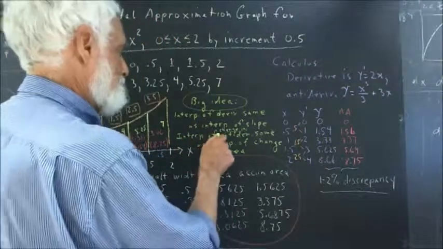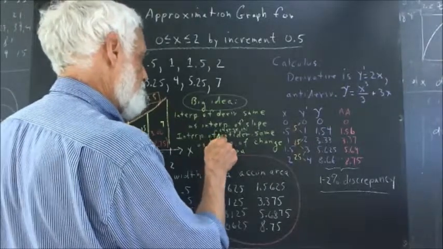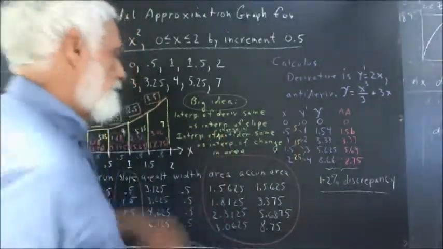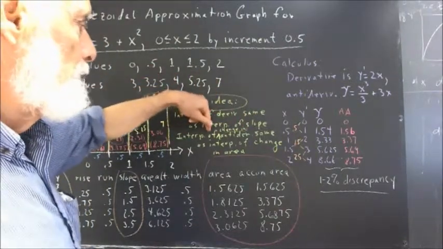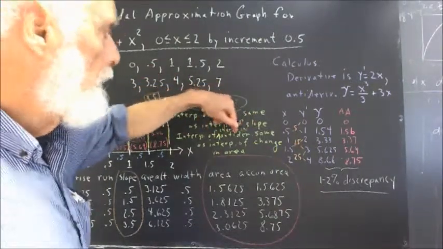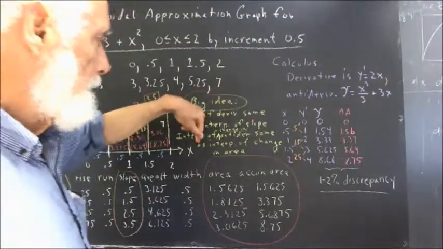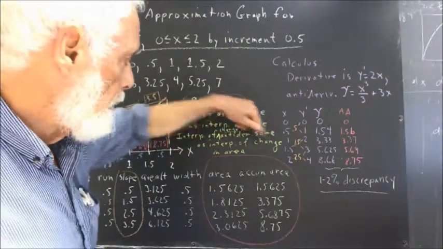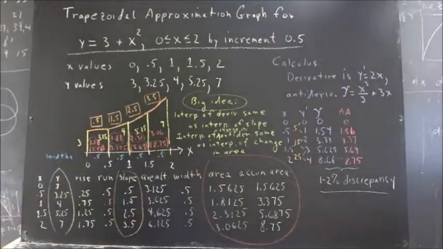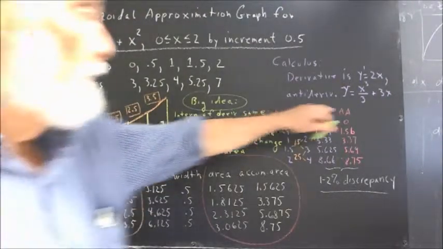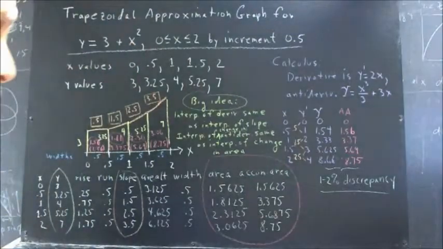Now, I put a caret in here because I decided there needed to be the adjective change in here. Interpretation of the change in the antiderivative is the same as the interpretation of the change in area. So change in area on a trapezoidal graph, change in the value of the antiderivative, they mean the same thing.